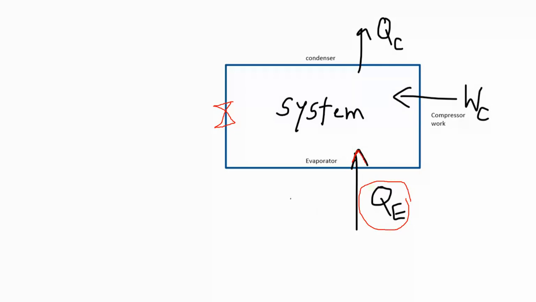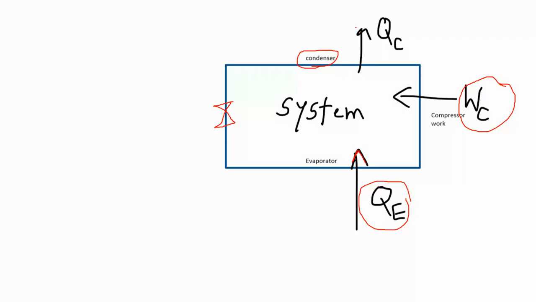Whatever heat from our room is collected by our refrigerant, and that is why our refrigerant is converting from liquid to vapor. Then we are adding some compressor work so that we can send the refrigerant to higher pressure in the condenser side, and we are rejecting some heat in the condenser.